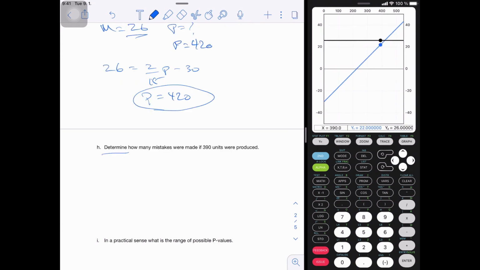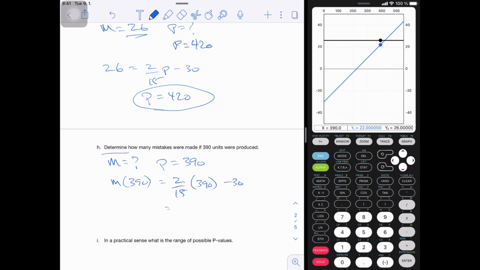Okay, so I wanted to determine how many mistakes were made if there were 390 units produced. So that's asking for m is unknown when p is equal to 390. So I can plug it into my equation. m at 390 is equal to 2 over 15 times 390 minus 30.